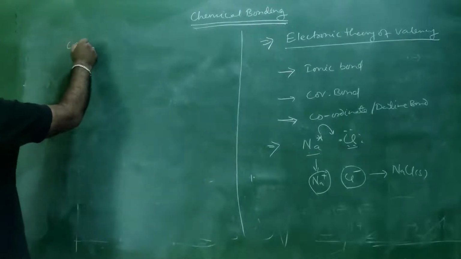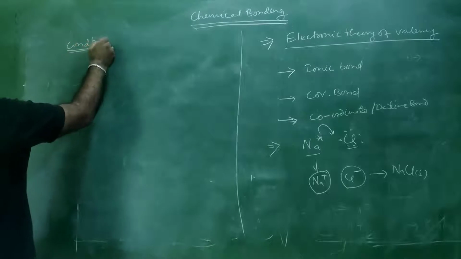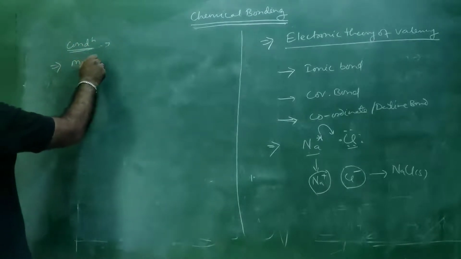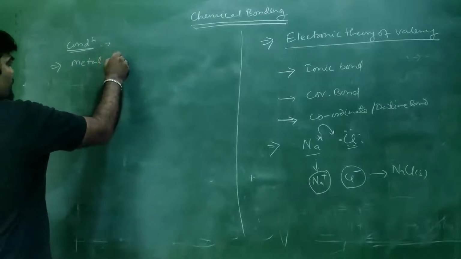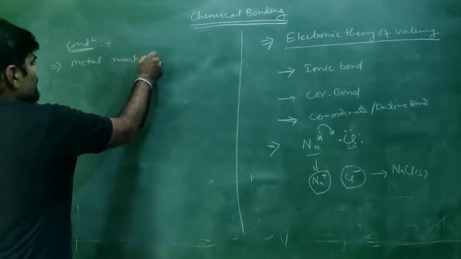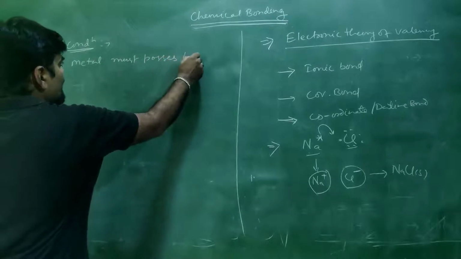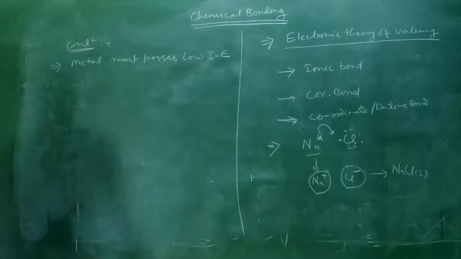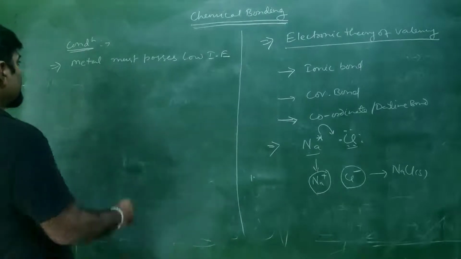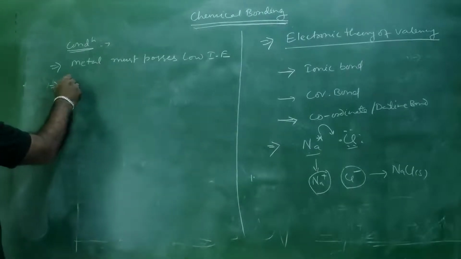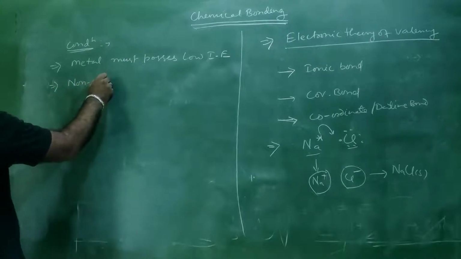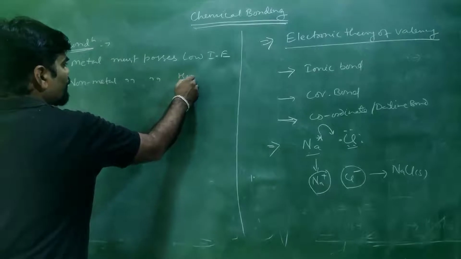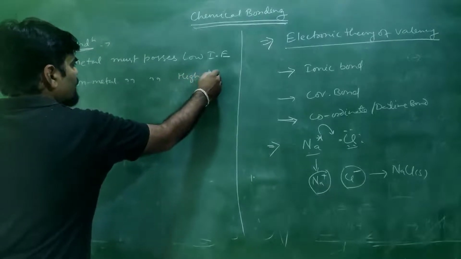Conditions for the formation of ionic bond: the metal must possess a low value of ionization enthalpy. Low ionization enthalpy will favor the formation of ionic bond. Then the non-metal must possess a high value of electron gain enthalpy.